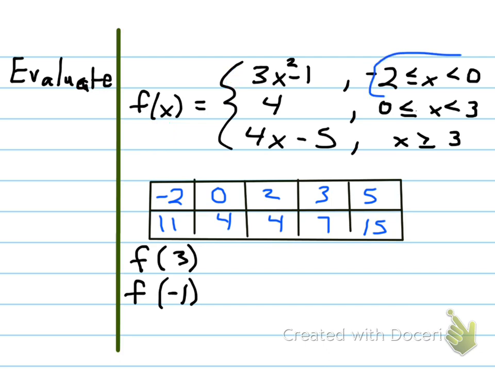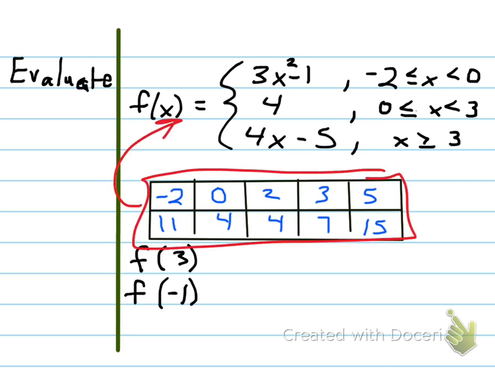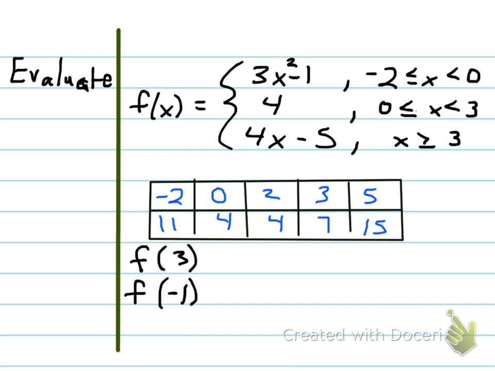And here are the pieces of each function that we're taking. Down here, this is a table representing some points of this function. And what I'm asking you to do right now, Ms. Gilchrist, is tell me the value for f of 3. I think we can figure that out by looking at the table.